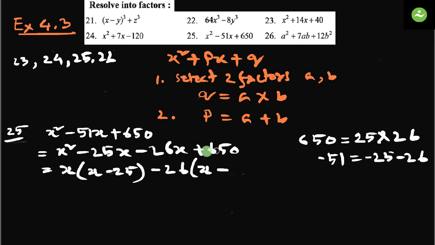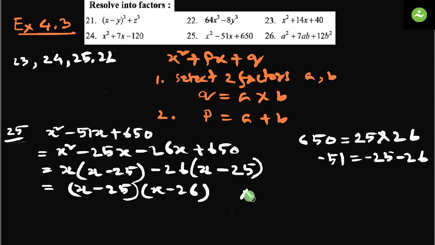You see this is a plus sign before 650, so minus minus plus, so 26 into 25 is 650, equals x minus 25 into x minus 26, that is the answer, x minus 25 into x minus 26.